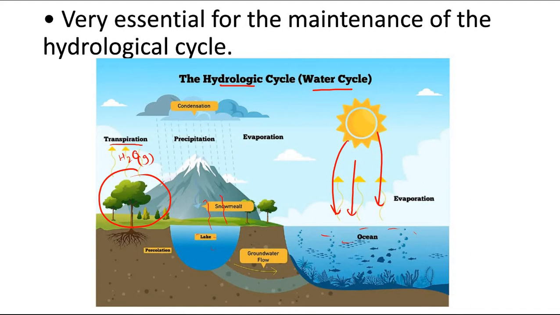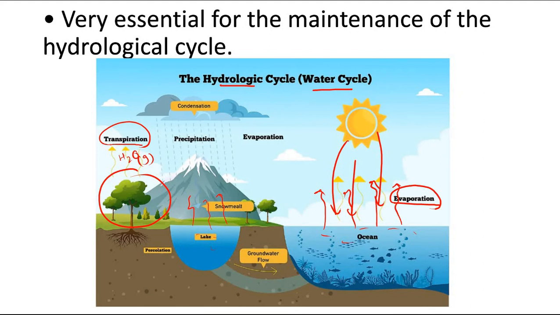Then you can see again H2O gas is going up. Some water vapor will start going up. This is called evaporation. When plants release water vapor, we call it transpiration. When water is turned into water vapor due to the sun's heat in water bodies, we call it evaporation.